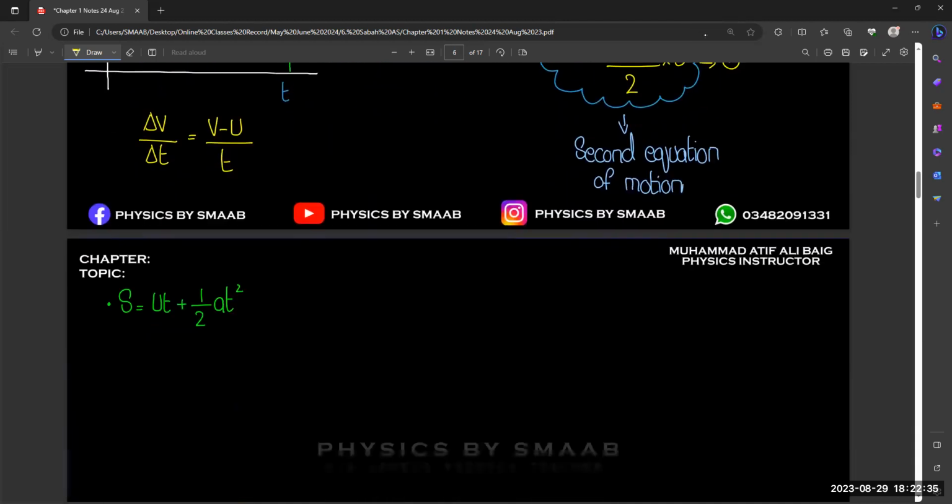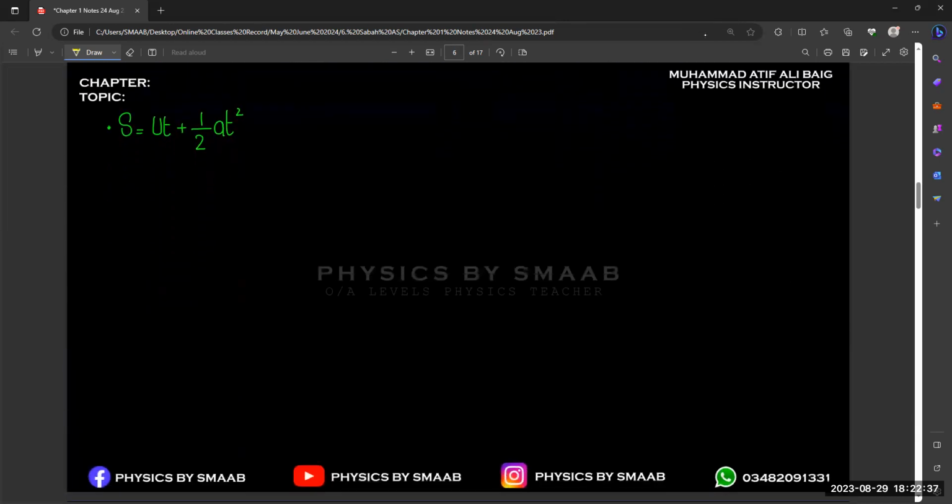So first of all, if we write the first equation, this is the first equation we derived, and the second one is, this is the second equation, right?